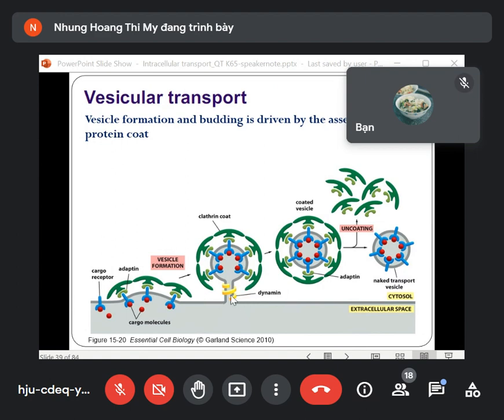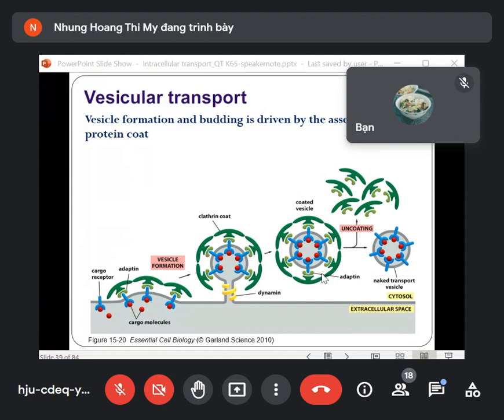So after this step, one complete vesicle is formed with the clathrin coat surrounding the membrane, and this clathrin coat can interact with the membrane of the vesicle through the adaptin protein. So adaptin protein somehow plays like an interface for the coating formation surrounding the vesicle.